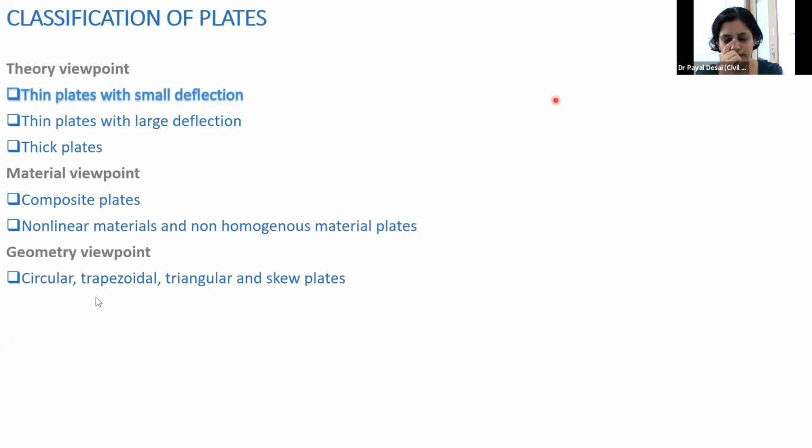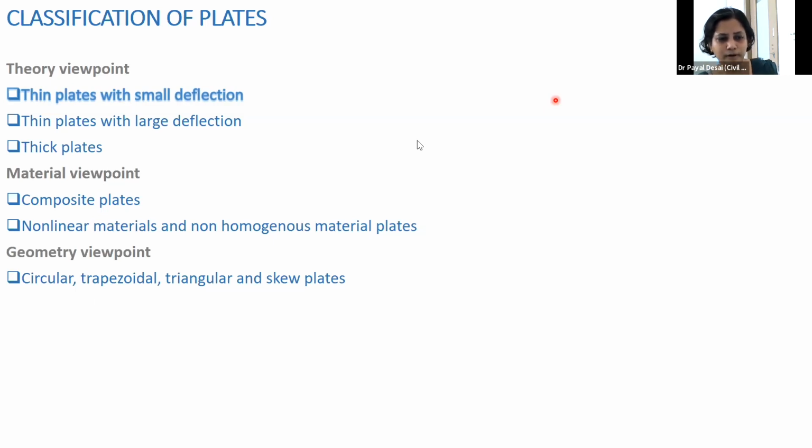Then from the material point of view, there are composite plates made of different materials. As we have seen in the photograph, composite sandwich plates are used in aircraft and shipbuilding. Then according to non-linear materials and non-homogeneous materials, the type of material, it may behave non-linearly or linearly, and we can categorize a plate.